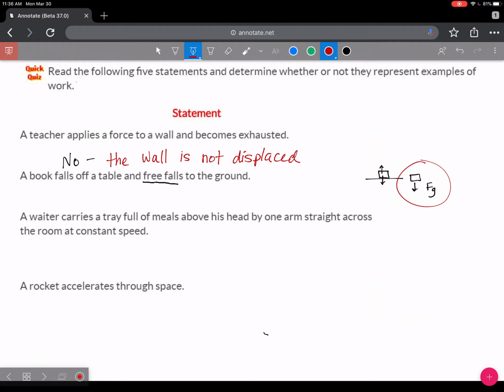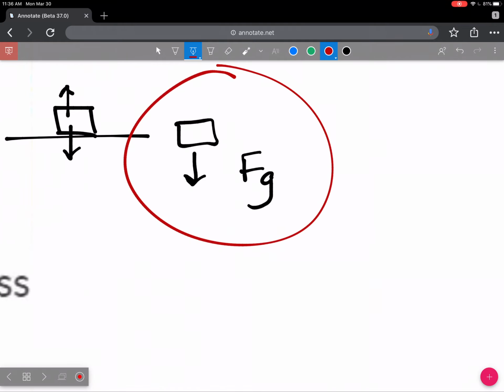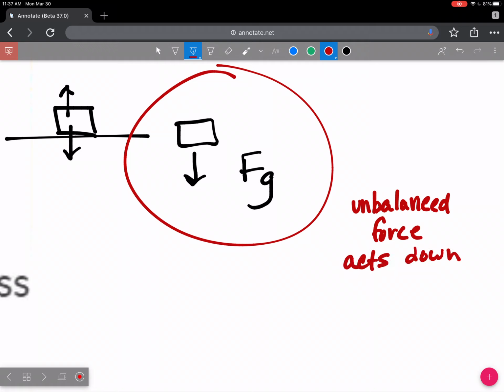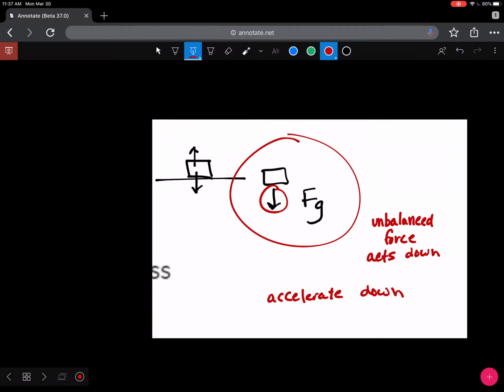So what you can see here is an unbalanced force that acts down. This object will accelerate because of the unbalanced force, and it will accelerate in the direction of the unbalanced force. So this object is going to accelerate down towards the surface of the Earth.